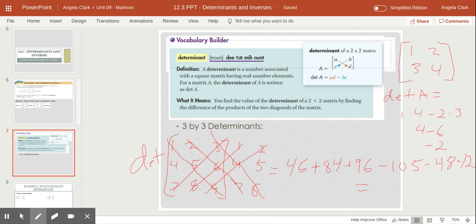The determinant of this is 0, which is kind of nice because I needed to talk about what happens when your determinant is 0. So that's fortunate. When your determinant is 0, that means that this matrix does not have an inverse. Like I said, we can use the determinant to help us find our inverse.